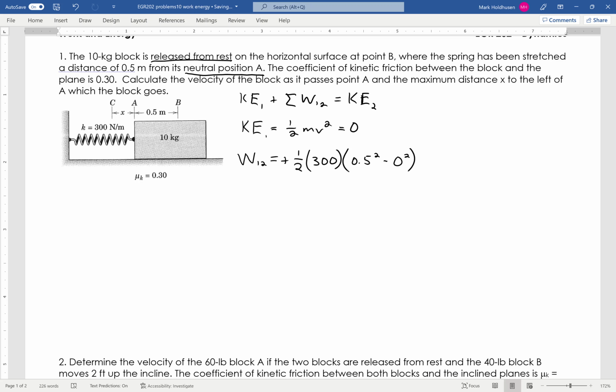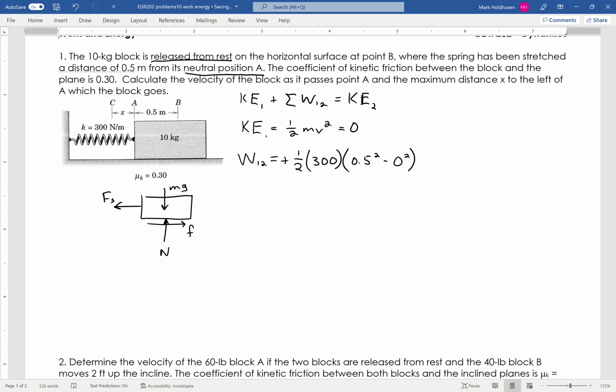The other piece of work done here, and maybe I should draw a quick free body diagram, is this: we've got the force of the spring, we've got mg, we've got a normal force, and then we've got a friction force, which is going to oppose the motion. Motion is to the left.